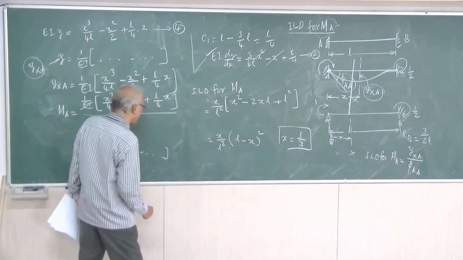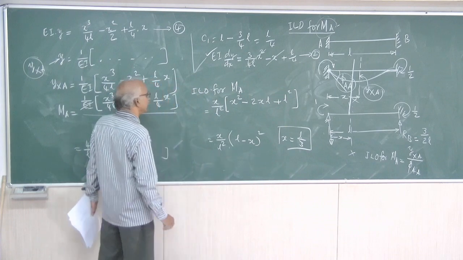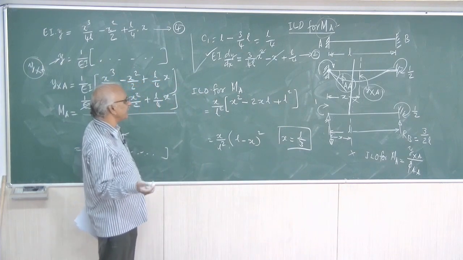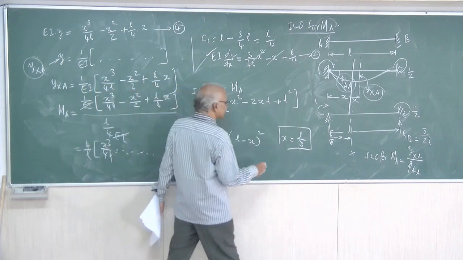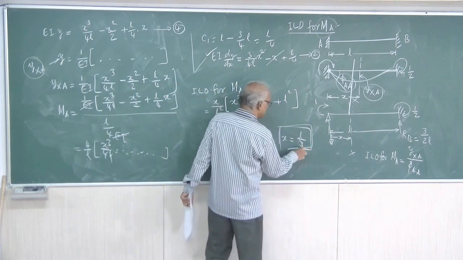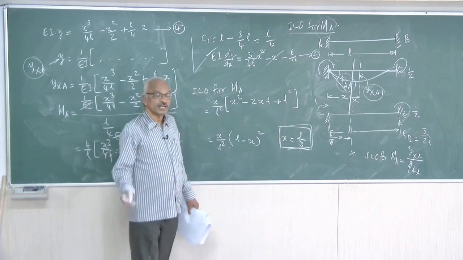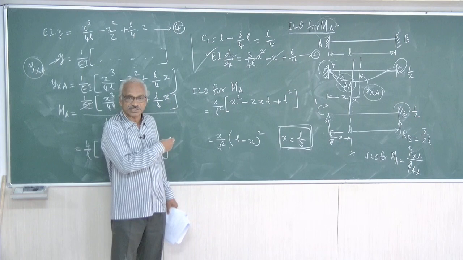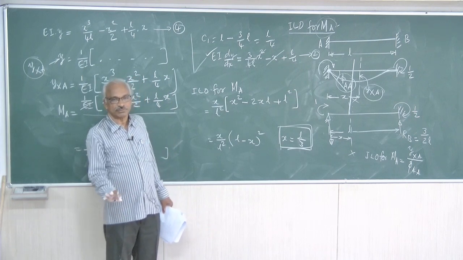So this is a general equation. In the general equation, you substitute dMx by dx equal to 0, that will give you x equal to L by 3. Substitute x equal to L by 3 in the equation, you will get the numerical value.